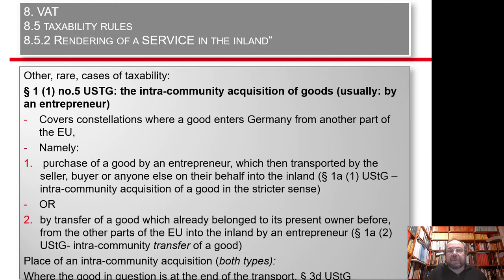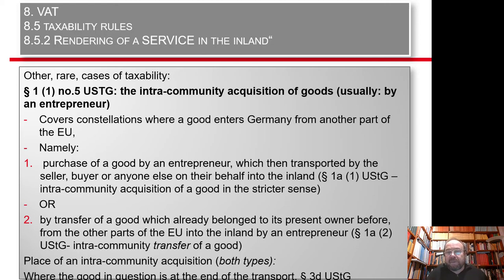So one looked for a kind of an adequate replacement and said, when goods come from the rest of the EU towards the inland, then at least certain customers can be expected to report that transfer of the good into the inland to the fiscal authorities and declare the tax due on that good on their own.